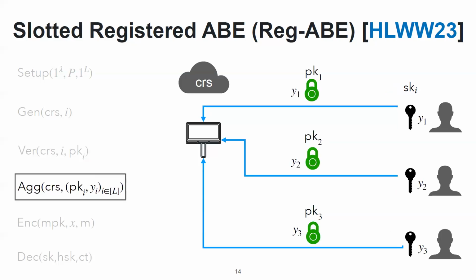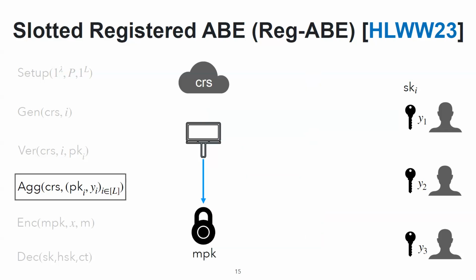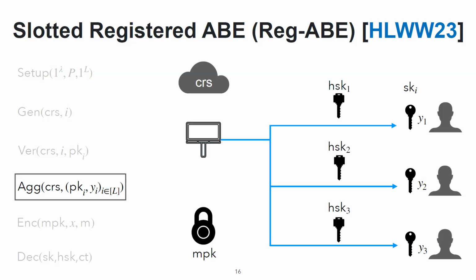In the aggregate phase, each user will submit its public key along with a value Y to the aggregator. After collecting all public keys and the values Y, the aggregator can generate a master public key for encryption and give back the helper key to each user, which will be used in the decryption phase.